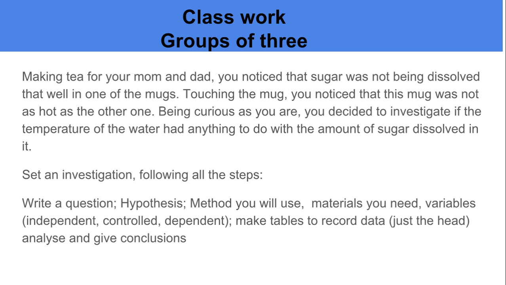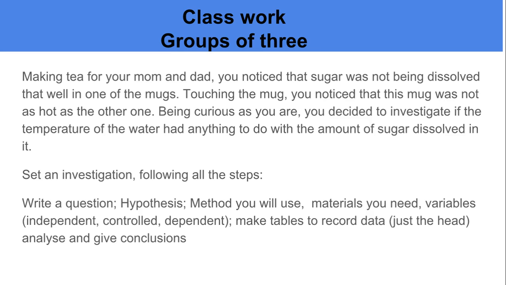Now, I want you to set up an investigation, following all the steps. First, come up with a question and make a hypothesis, which is an educated guess. If you don't have enough knowledge in this, you can go out and research, but I would guess every single one of you knows what's happening there.